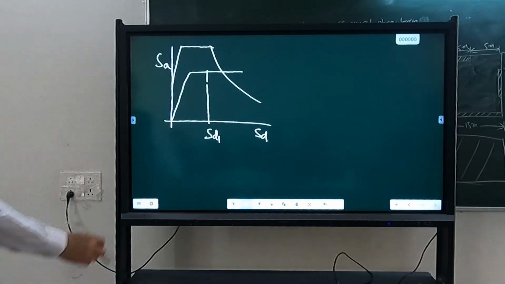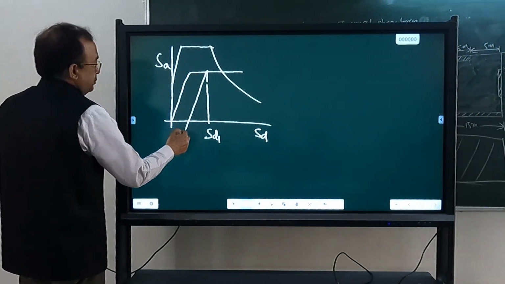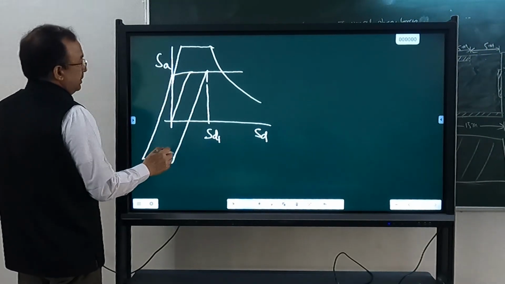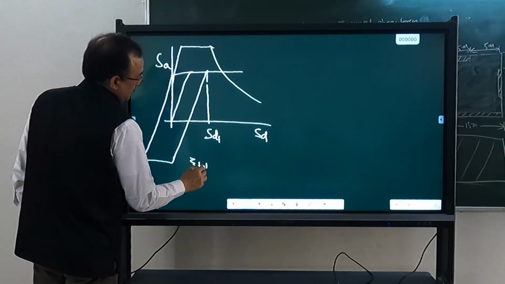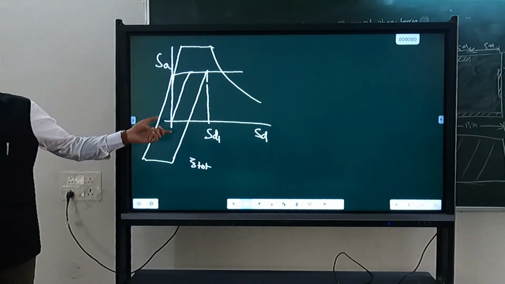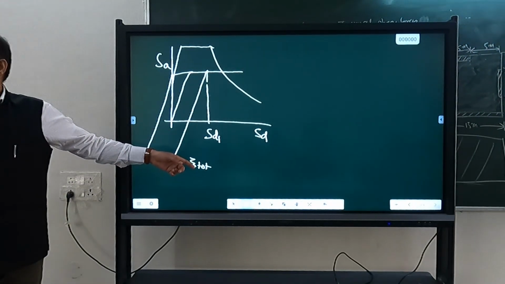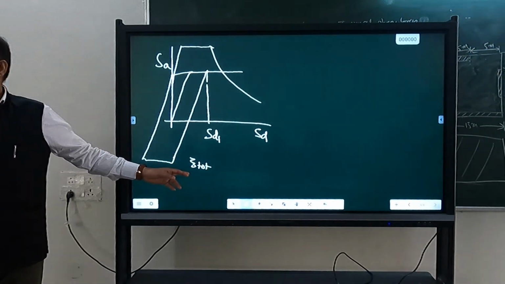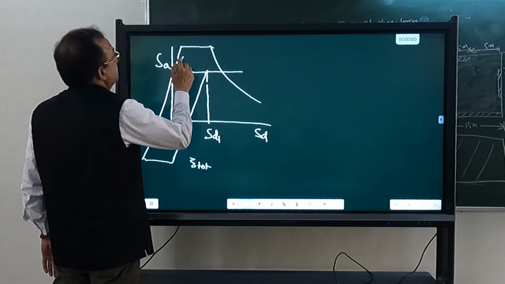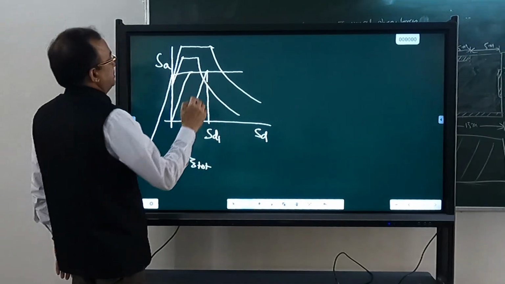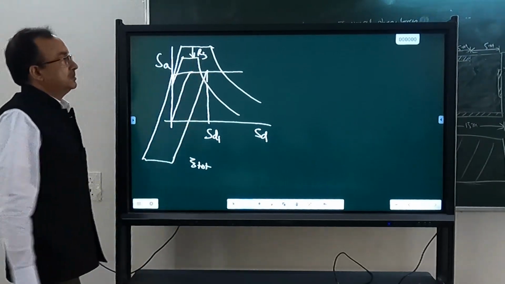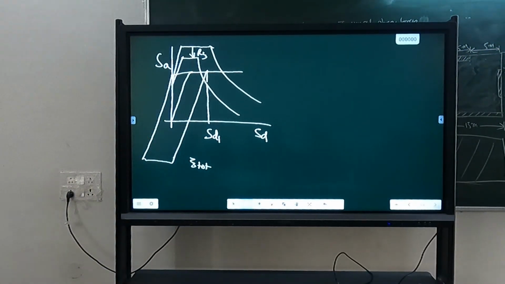Then I can develop this hysteretic loop, and for this hysteretic loop, I can calculate xi hysteresis, add xi naught 5%, and I will get xi total. Then I can calculate R xi, and with that R xi I will reduce my demand. The whole curve will be reduced.